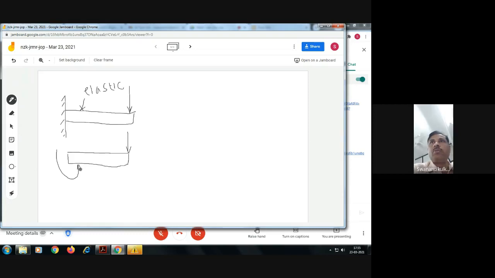Suppose this is one arrow, and this is another arrow. With the help of these arrows, we are going to give the support. So the support at the left side we have now replaced with these two arrows. Are you getting these two arrows?